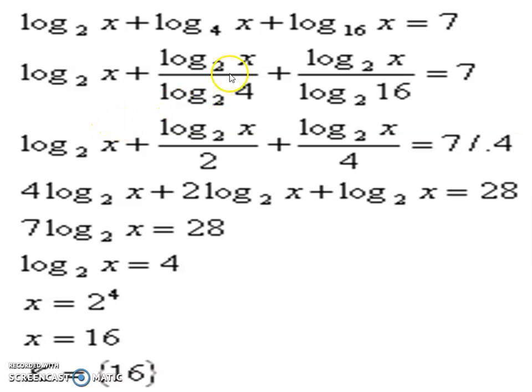Here the change of base rule is applied, x and 4 remain the same, and we change the base to 2. In this very important step, 4 is the square of 2, that's why 2 goes to this side and log 2 to the base 2 is 1. In this step also, log 16 to the base 2 is there. 2's 4th power is 16, that's why 4 remains the same.